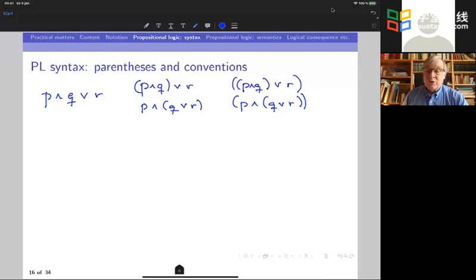But of course, you don't really need the outer, the last parentheses. So one convention that we'll use all the time is that we'll drop those. So we'll actually write the formulas as in the middle column here. So that's one kind of convention. Here's another kind of convention. Suppose I write like this.